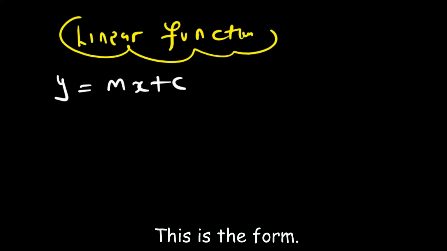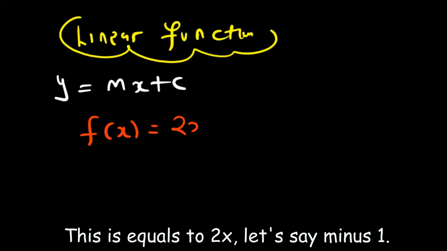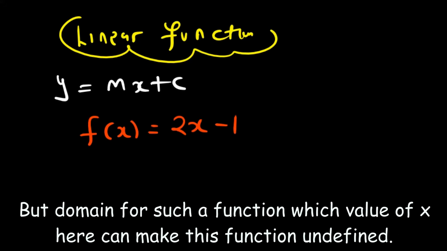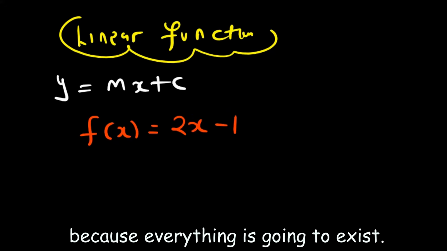So if I've got the function, let's say f of x equals 2x, let's say minus 1, the domain for such a function, which value of x here can make this function undefined? So we're going to realize that the domain for the function in this case is a set of all real numbers, because everything is going to exist.